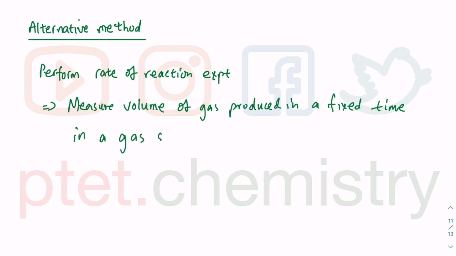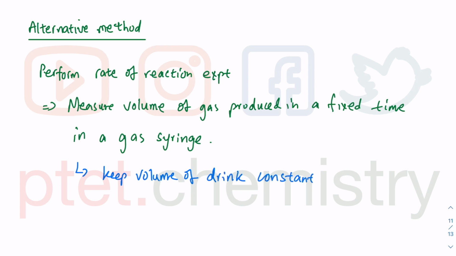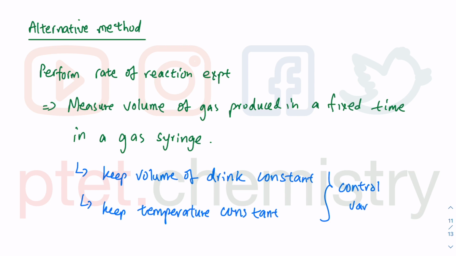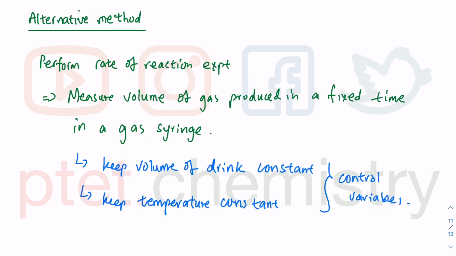But then we have to keep the volume of drink constant. What else? Temperature constant, because temperature could affect the rate of reaction. These are your control variables, because you don't want them to change in your experiment. They could affect the rate of reaction.